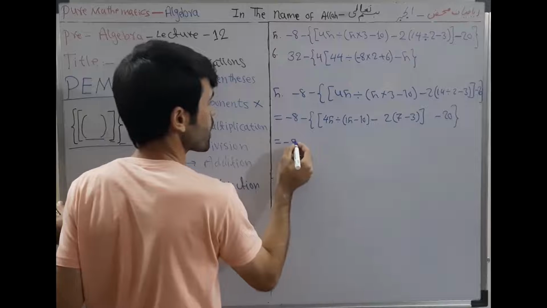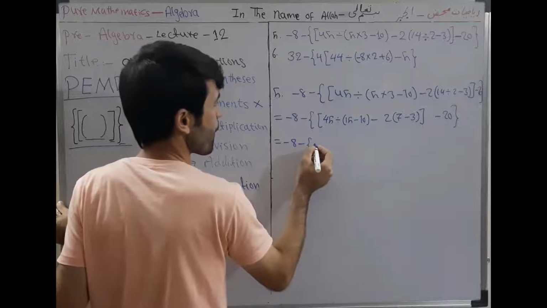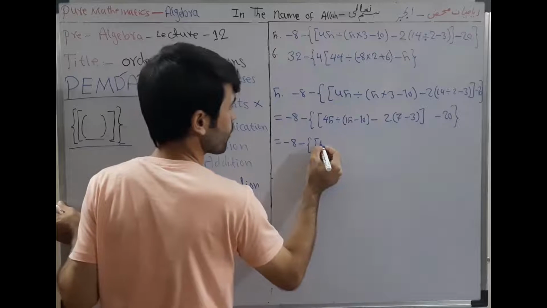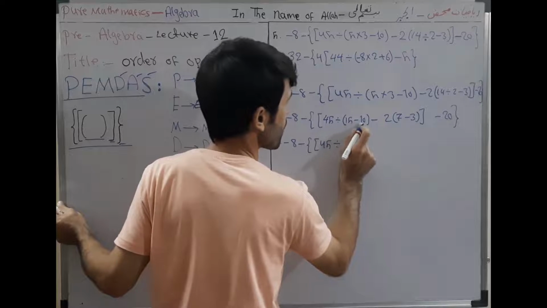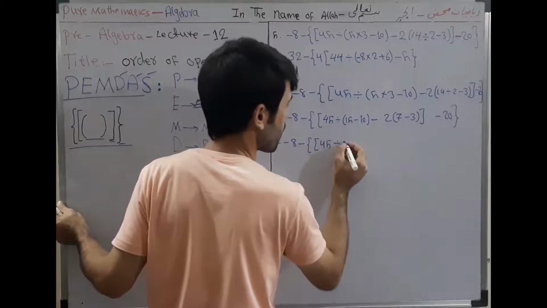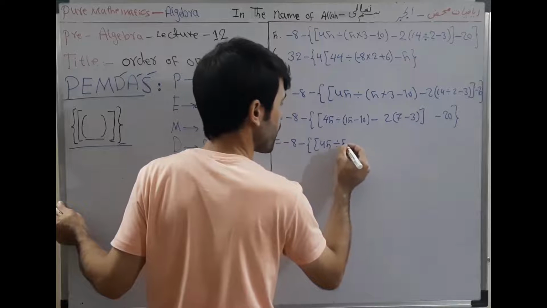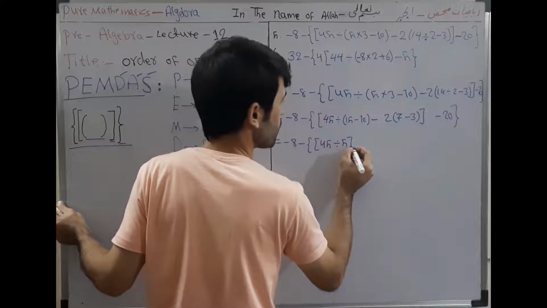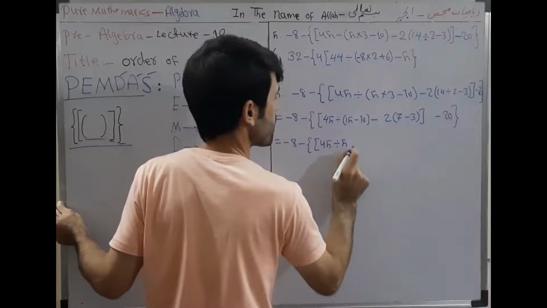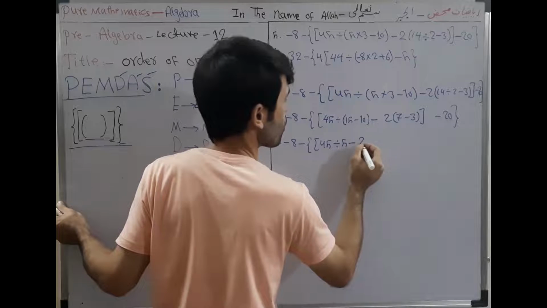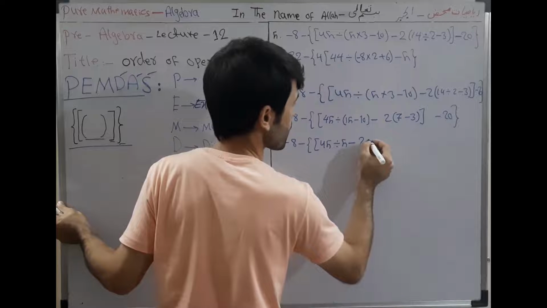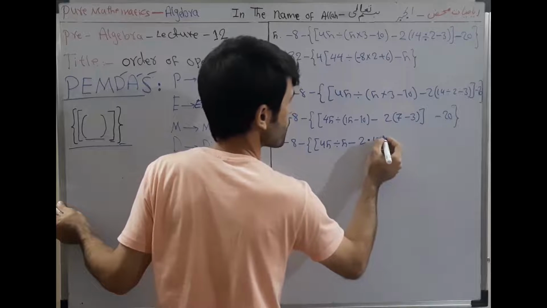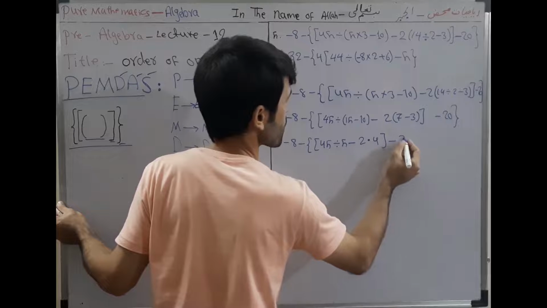It is equal to minus 8 minus bracket, 45 divided by 5 minus 15 minus 10, which is equal to 5, minus 2 into 5 minus 7 minus 3, which is 4, minus 20.